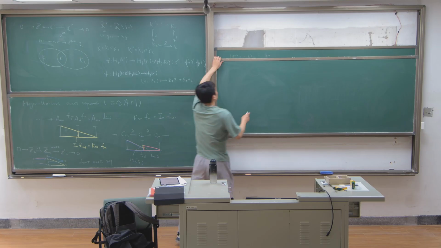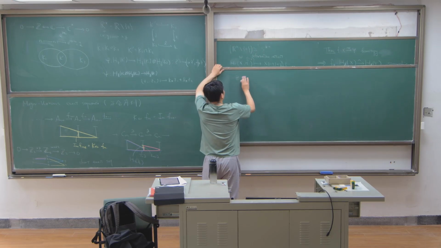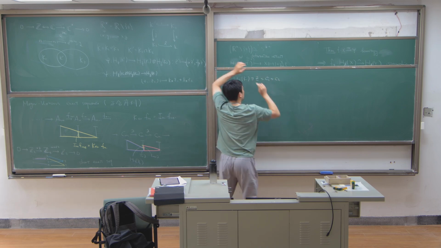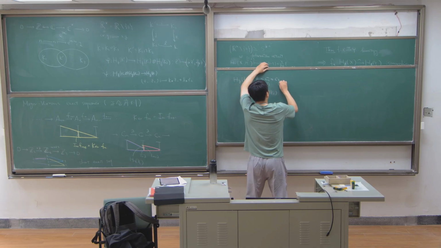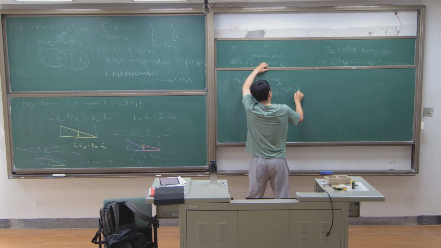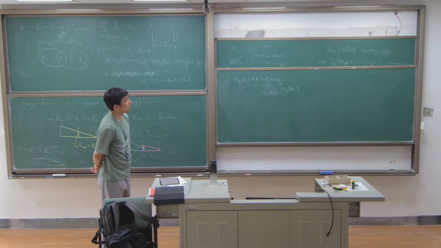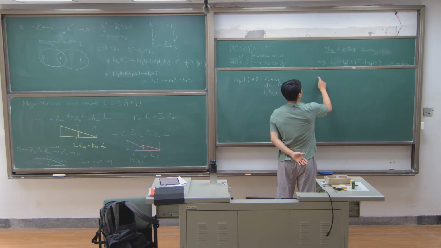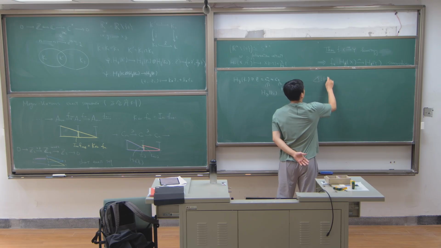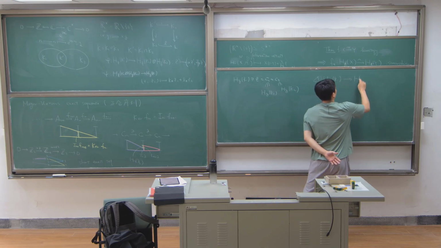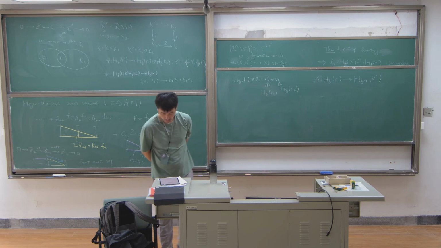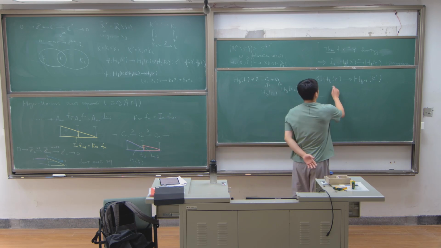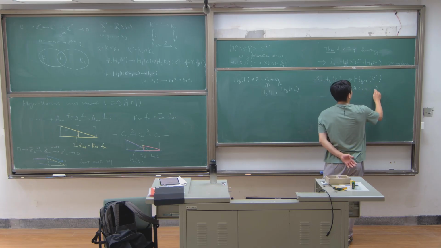So given Z, C1 plus C2, where C1 is in H_q of K1 and C2 is in H_q of K2, then you can define the boundary map delta from H_q of K to H_{q-1} of K prime, such that Z is not the boundary of C1, it's minus the boundary of C2.